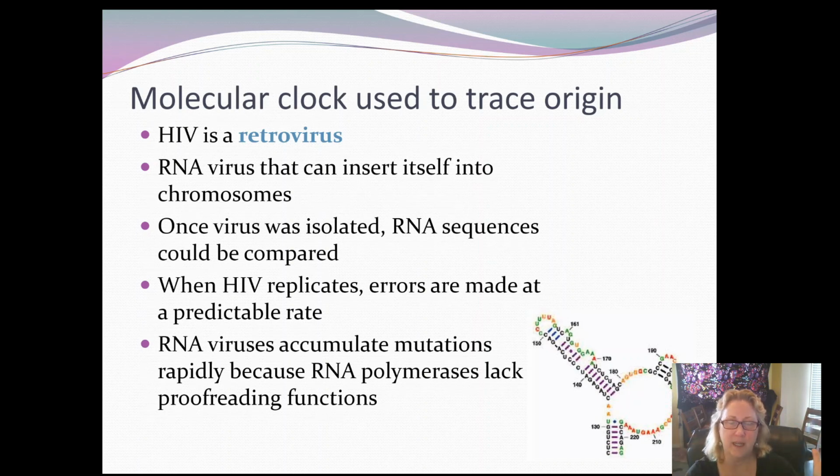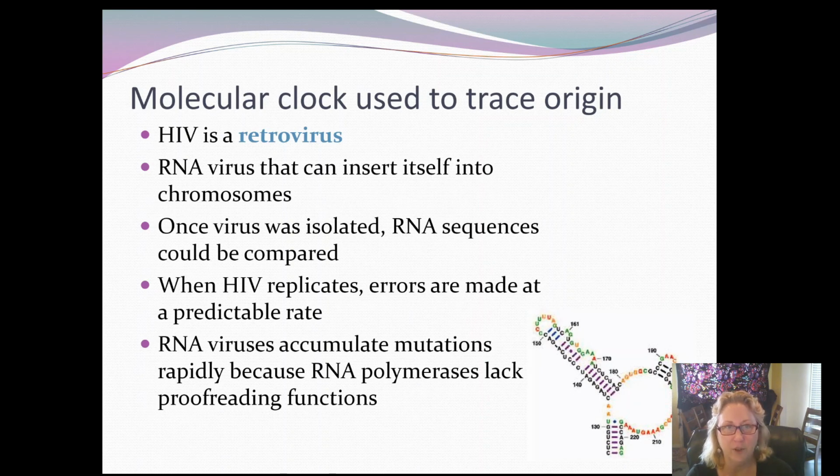So if you take a sample of virus from two different people and you compare them, the more mutations there are that are different between those two viruses, the longer ago those viruses were in the same person. It's like you could create a little family tree of all the viruses that cause one particular disease.